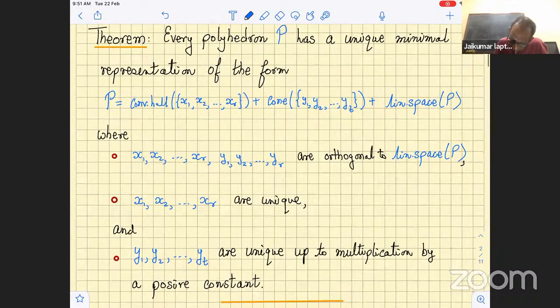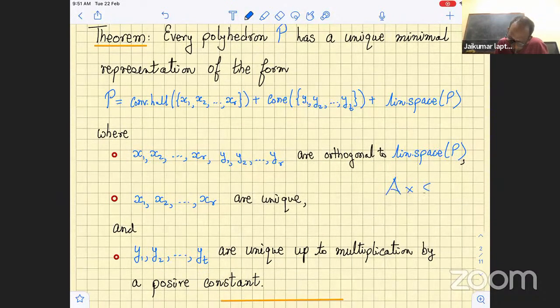So if you write Ax less than or equal to 0, and suppose there is some direction, let us say x star, and you can extend it in both directions.